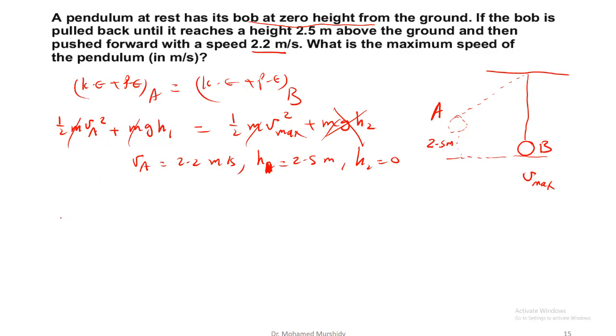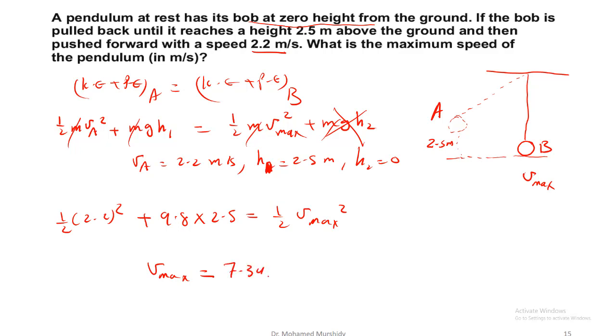Then this equation turned to be half VA squared, meaning 2.2 squared, plus g 9.8 times h 2.5 equals half V maximum squared. And from this equation you can get easily how much is V maximum. Solving for V maximum, you can work it out yourself. It will be almost 7.34 meters per second.